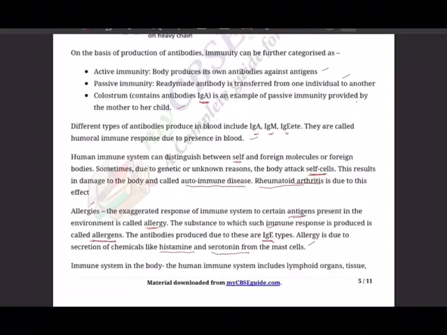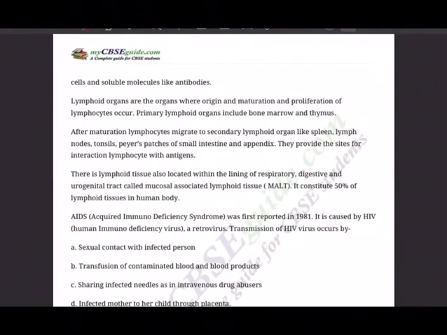allergy. So basically, the immune system in the body includes lymphoid organs, tissues, and soluble molecules like antibodies. Lymphoid organs are the organs where origin, maturation and proliferation of lymphocytes occur.